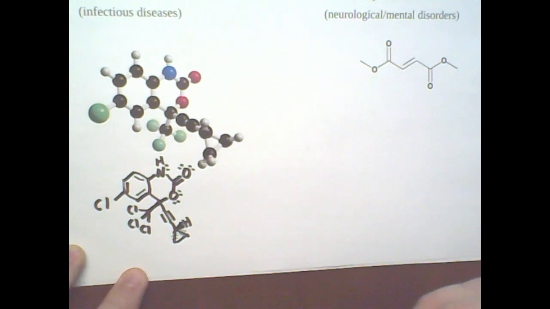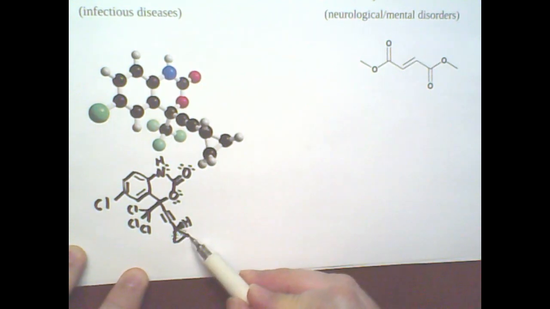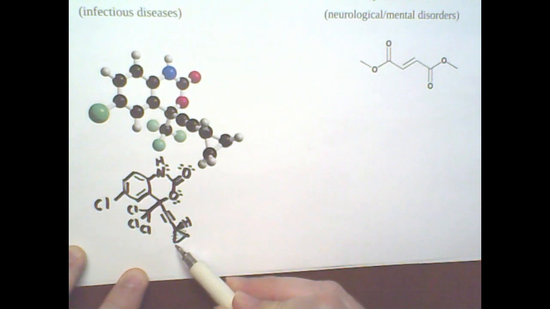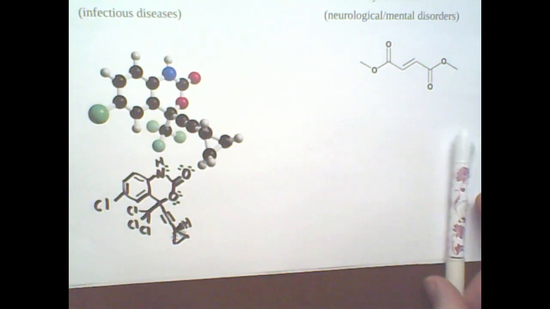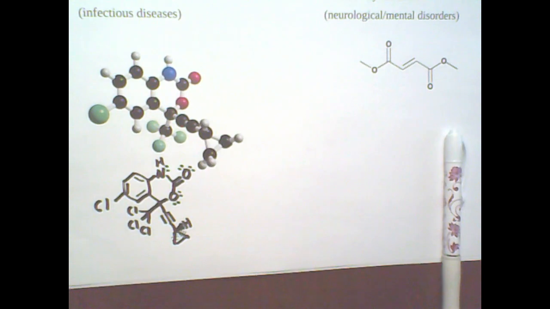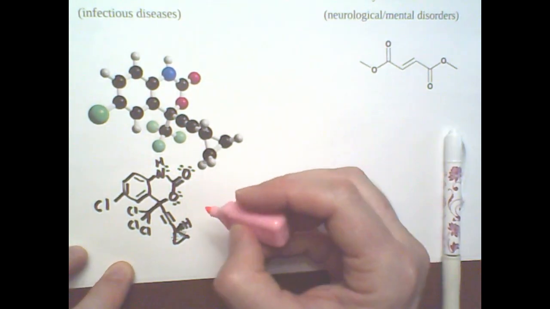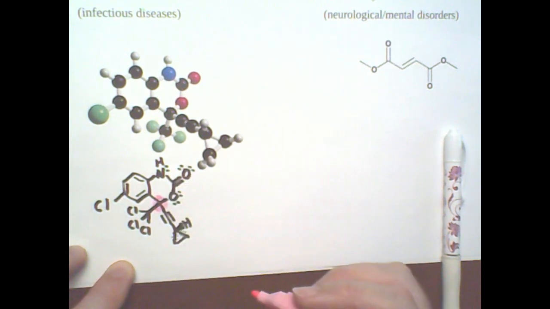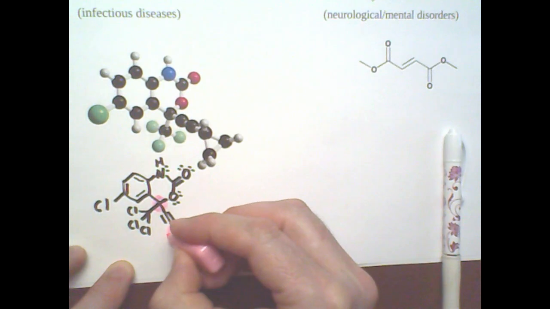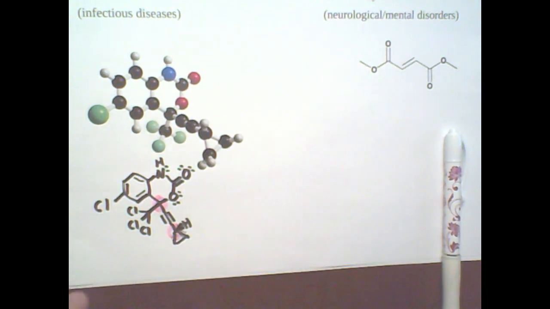So we can rule out just about everything. In this ring, these two on the corners have 2 hydrogen each. So we can rule those out. So we've only got a few possibilities. I'm going to circle those possibilities very faintly with this pink. We've narrowed it down to 2 possibilities.